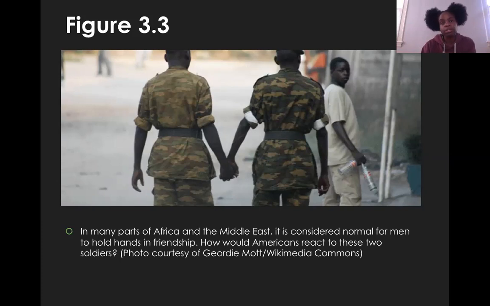Obviously, going through this discussion on norms and the three types of norms, it's different from country to country. Norms are different. Yes, there are some universal types of norms, okay? But there are many that are different from country to country. This is one. Proximity is another one, okay?